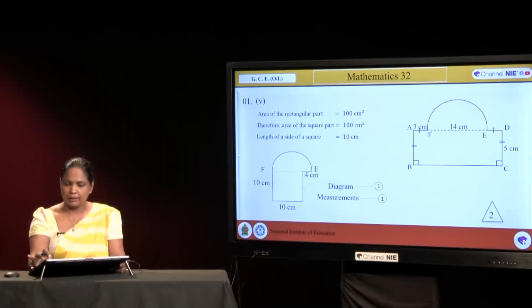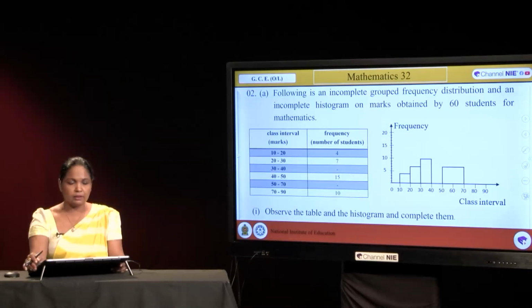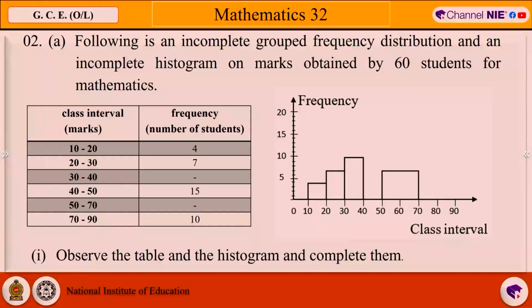Okay. I hope all of you understood the first question, and I think it is time to move on to the second question. It is under statistics. In part A, you have to answer several parts. We will see what they are. Following is an incomplete group frequency distribution and an incomplete histogram on marks obtained by 60 students for mathematics.